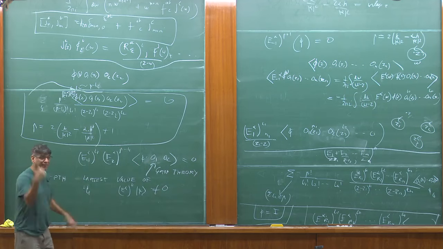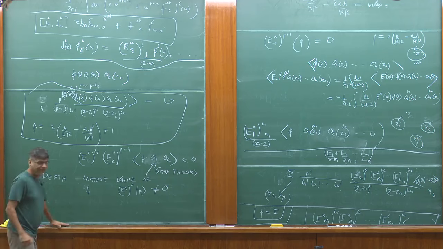Okay, so for P the depth will be 0, and for phi the depth will be 0. Is this clear? Okay, good.